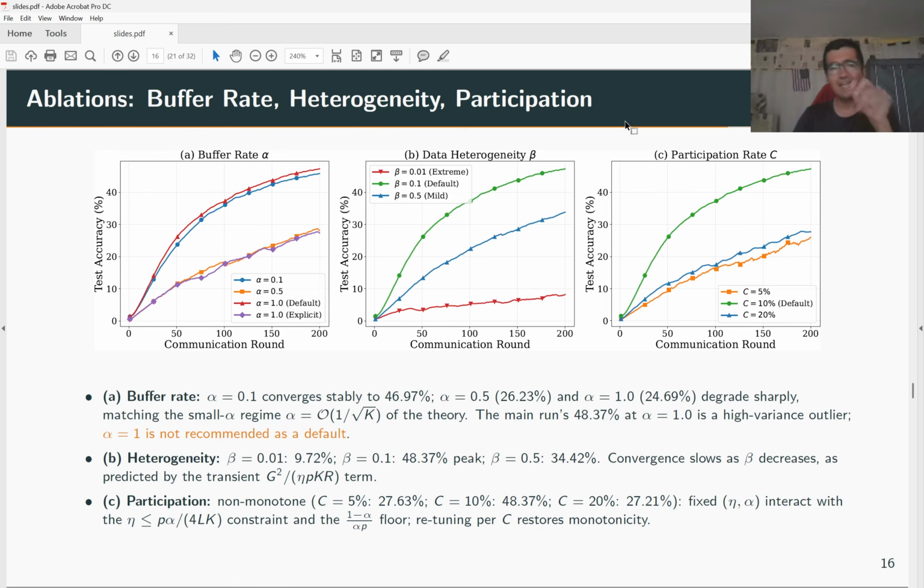All on Tiny ImageNet. And these deserve a careful reading, because there is a subtlety here that I want you to see exactly as we saw it.